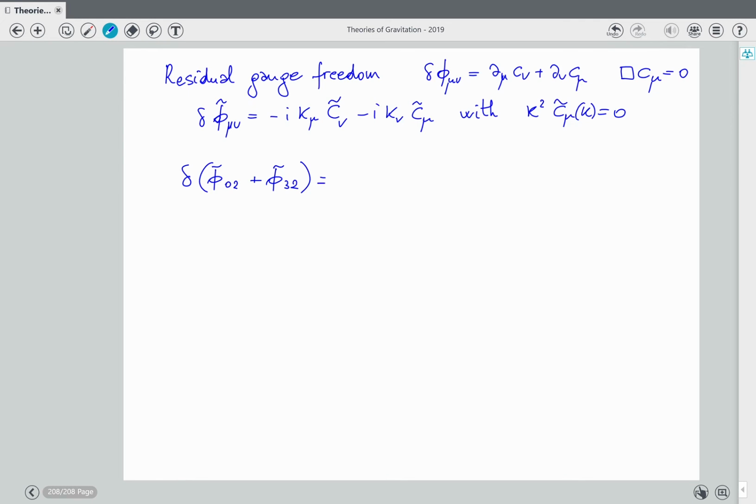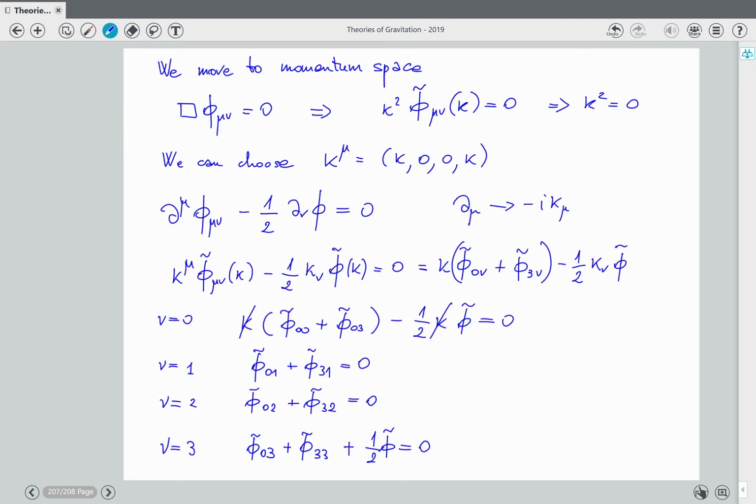We replace 0, 2, minus 1, k 0, c tilde 2, k0 with lower index x is k. Then there is minus 1, k2, c tilde 0, there is no k2, the component 2 is 0.